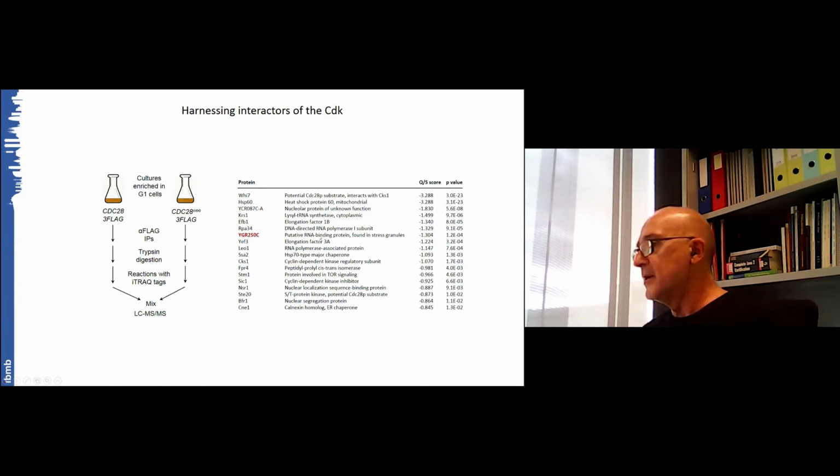It had not been characterized yet. But there were some data that would locate this protein in the stress granules. And since we were interested in the coordination between cell cycle entry at the very beginning of the cell cycle and the stress, we decided to characterize this protein further.